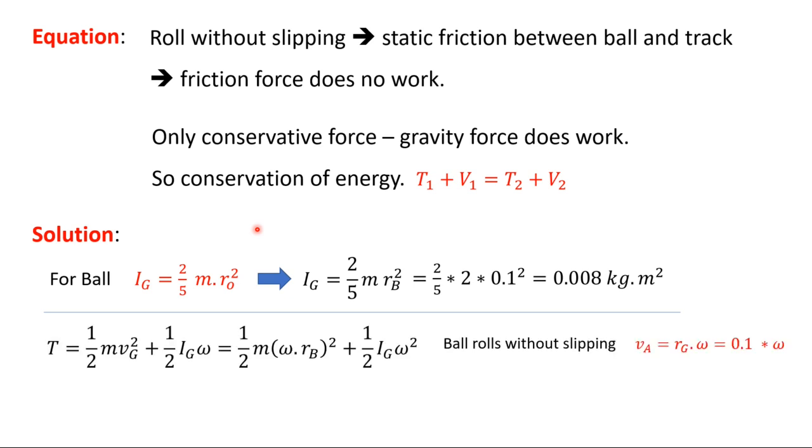That will be the equation we use. With the ball rolling without slipping, the velocity is equal to omega multiplied by R, or 0.1 omega. I replace the velocity with this expression and rewrite the equation in terms of omega.